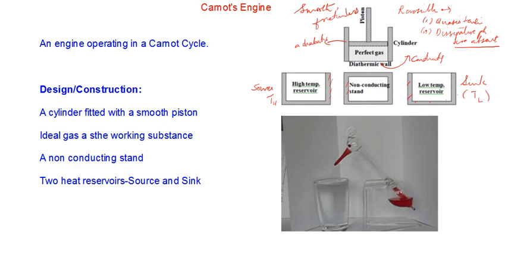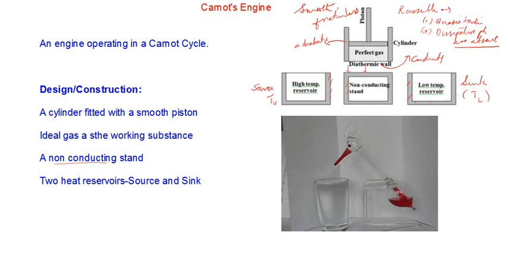And in order to explain the working of the Carnot engine, he has proposed one more component here, which is a non-conducting stand. So it's an isolated stand. Meaning if you keep the cylinder over this stand, what will happen? Suppose that you are keeping the cylinder on this stand.